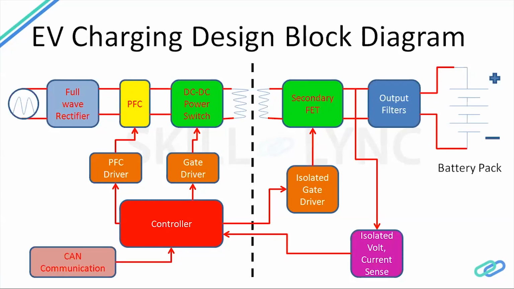Then we have to continuously have feedback of voltages, currents, temperatures. So we have to keep sensors for sensing all these parameters, and based on those parameters, algorithms are put in place to make sure the charging system works properly, because here we have to design our algorithm for the constant current, constant voltage system.